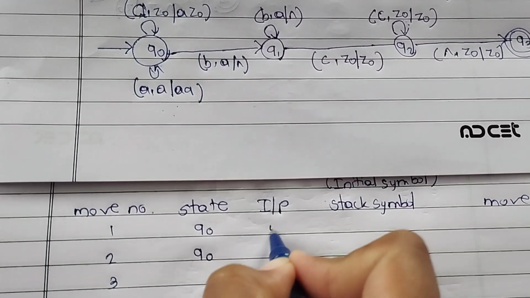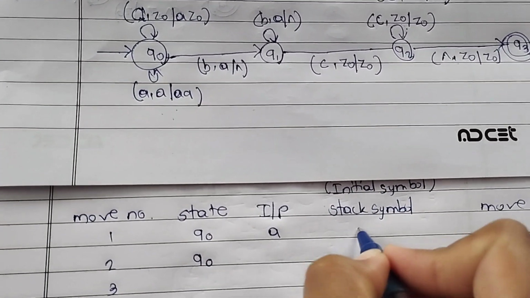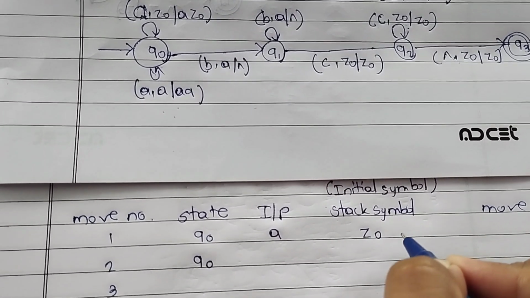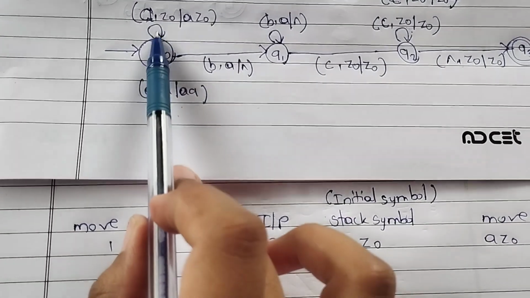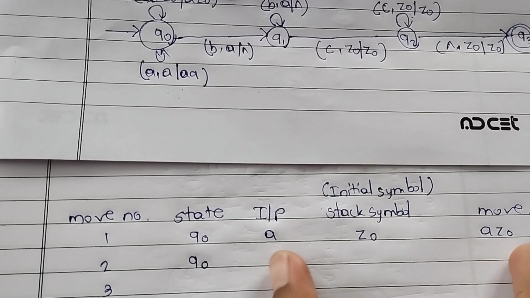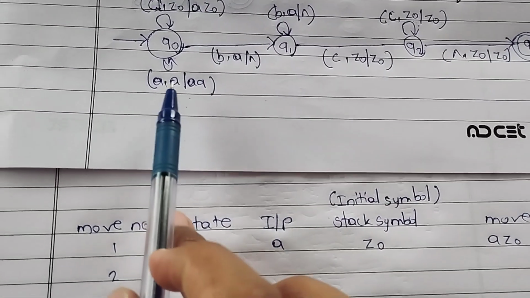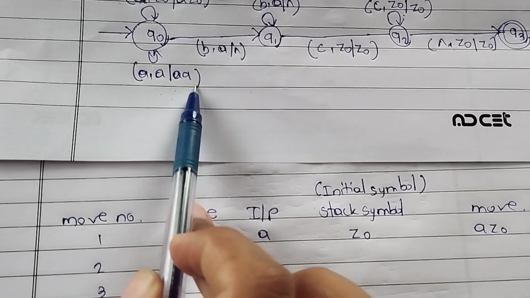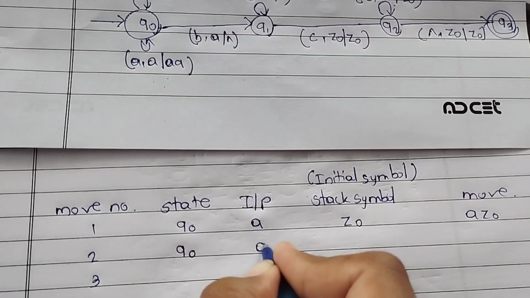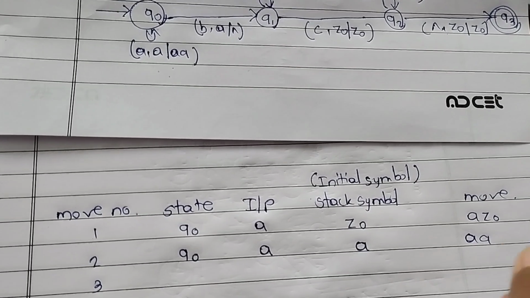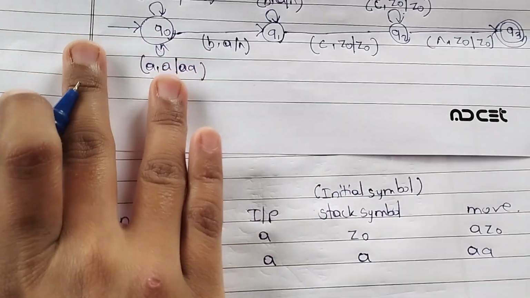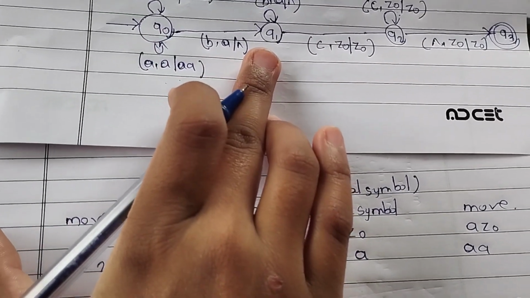So the input is A, then the stack symbol is Z0, and the move is A Z0. As it is, we write the bracket here in table form. Next, A. So initially A, second one is A.